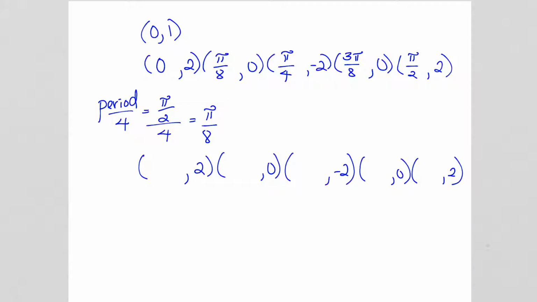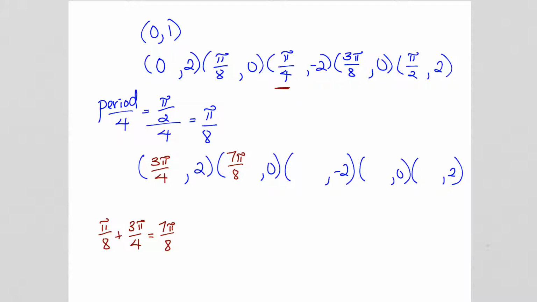So we've got 0 plus 3 pi over 4 is just 3 pi over 4. Pi over 8 plus 3 pi over 4 is 7 pi over 8.